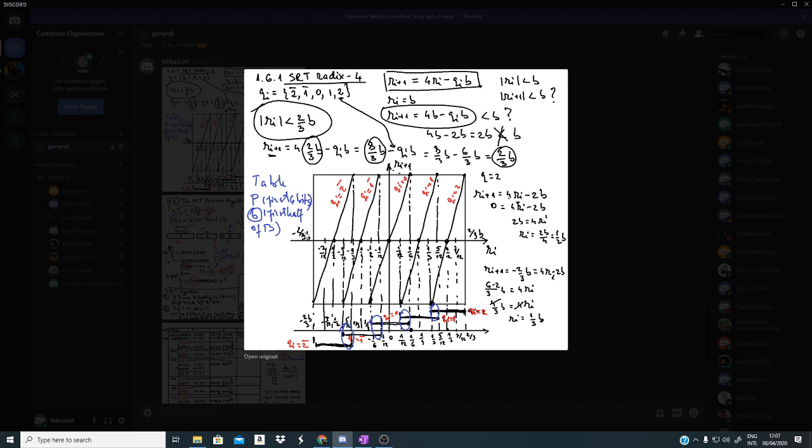But nonetheless, radix 4 is all about putting two SRT radix 2 steps in one step, right? You'll get the job done in just four iterations, in 4 steps, if we are talking about 8-bit operands. So that was a quick reminder of our last week's discussion and where we left it. We left it here.